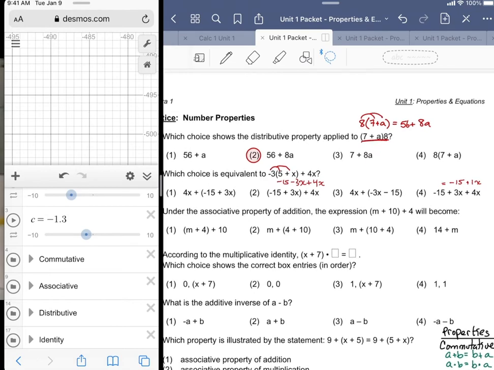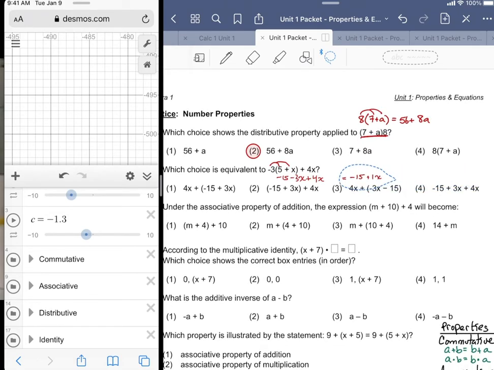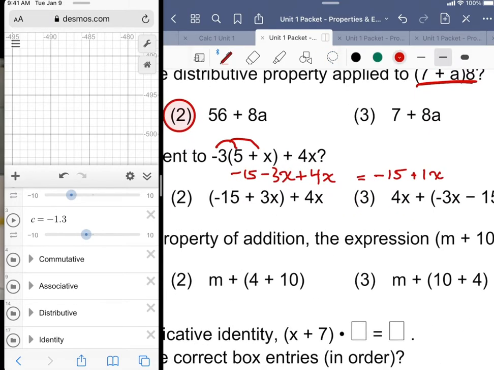Well, when we solved this, we solved it by grouping the negative 3x and the 4x together. All right, so this is essentially what we did. We said, all right, let's take these two and put them together. I just tuck a little plus sign in front as a connector, because it's really negative 15 plus that expression.